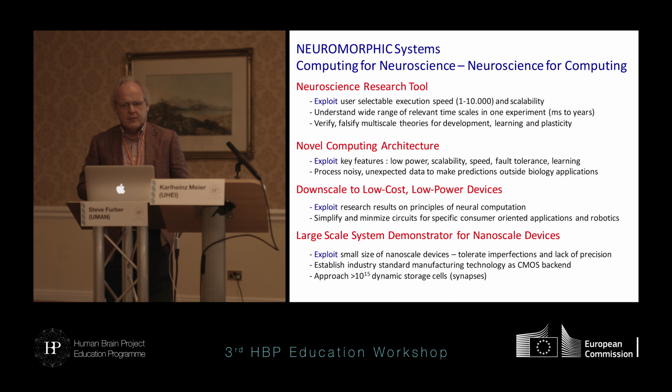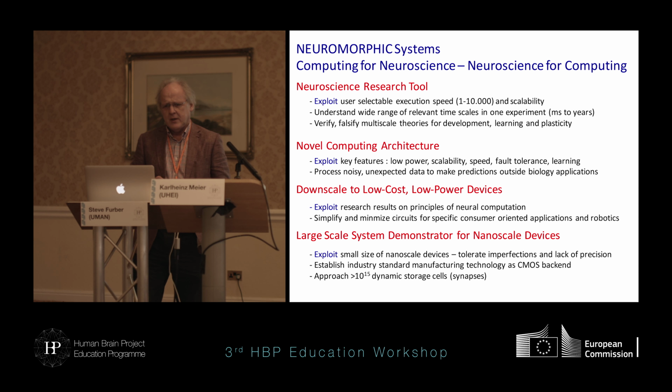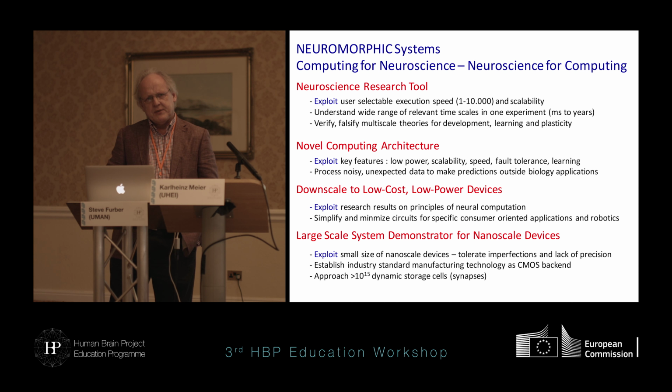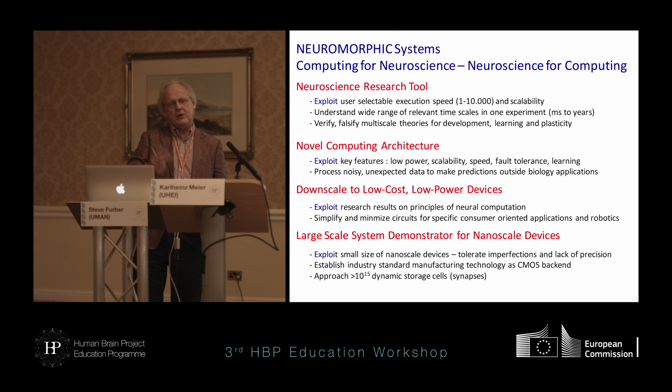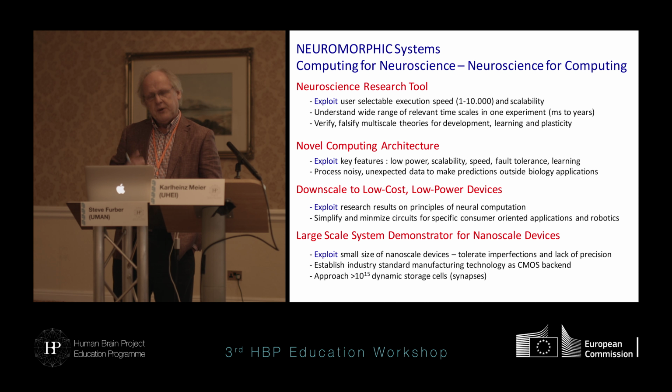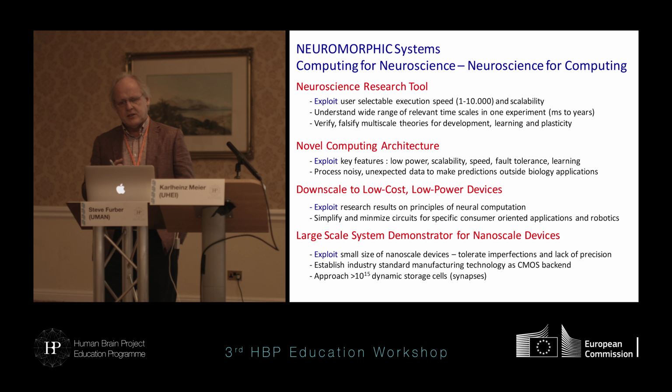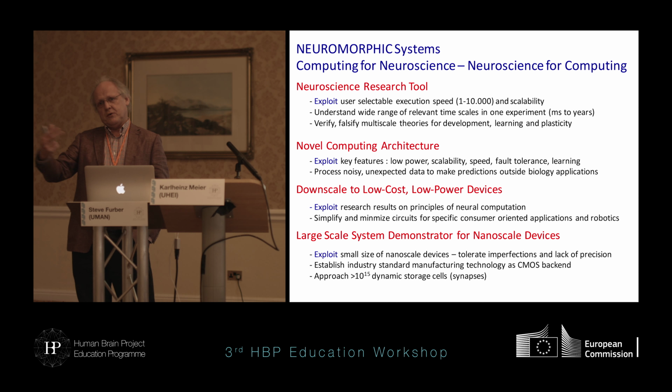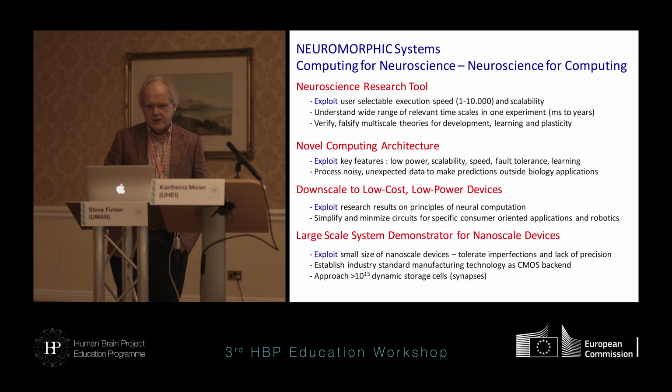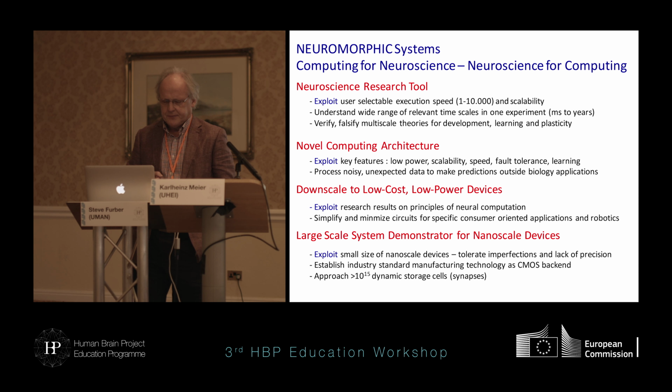So, what are these giving us? Well, the neuromorphic systems actually serve two roles in HBP, one of which is the kind of thing we've been working through, which is computing for neuroscience. How do you build your neuroscience models and get them to compute in sensible times? But there's also the other side, neuroscience for computing. What can we learn from neuroscience and take back to build better computers?